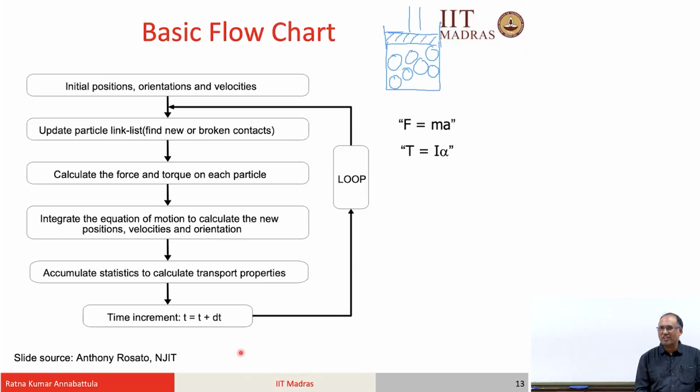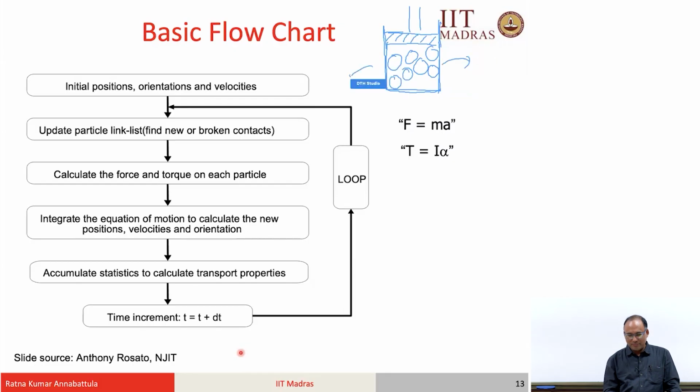This is the initial configuration of the system. When I say I have to define my boundary, this is my domain. That means none of my particles are outside, and hence whenever I am doing the search, I need not search outside this domain, isn't it? I am only limiting my search within this domain. And initially I have defined these particles, so I know the position and radius of all these particles.